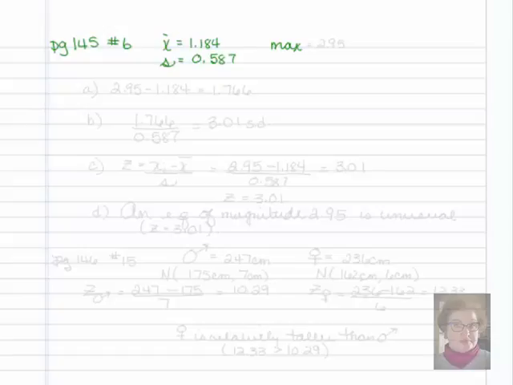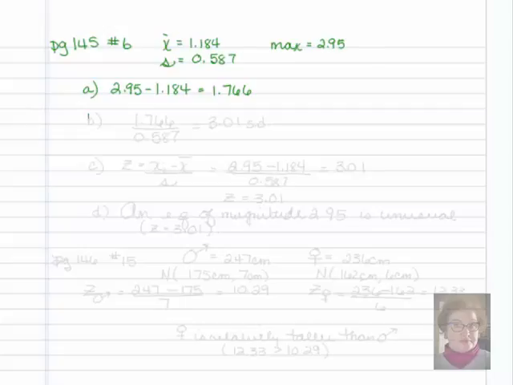And it tells us that the strongest earthquake, which is the maximum value, has a magnitude of 2.95. So first of all, it says, what is the difference between the magnitude of the strongest earthquake and the mean? Well, we can calculate that. That'll be 2.95 minus 1.184, which will be 1.766.